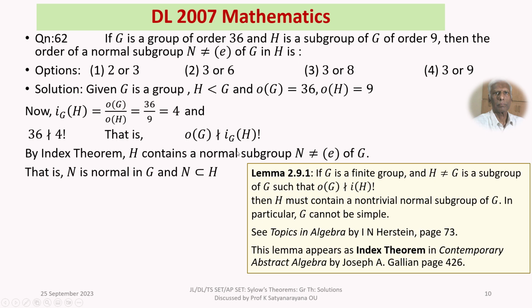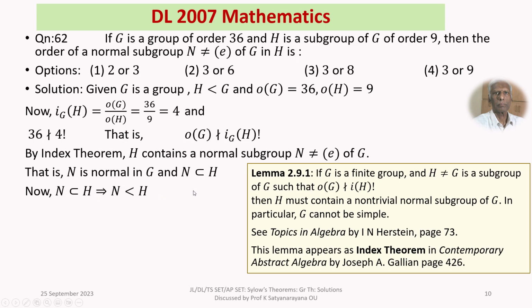H contains N, but N is a normal subgroup and non-trivial. So N is contained in H. What do we mean by N is contained in H? N is a normal subgroup and H is a subgroup, so N is a subgroup of H. By Lagrange's theorem, the order of N divides the order of H. Agreed?